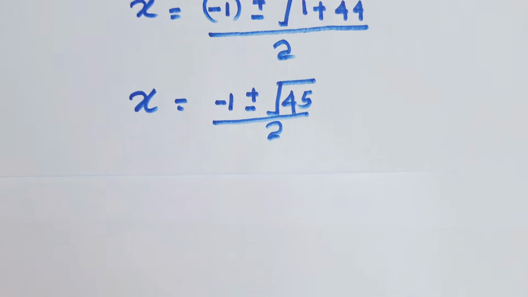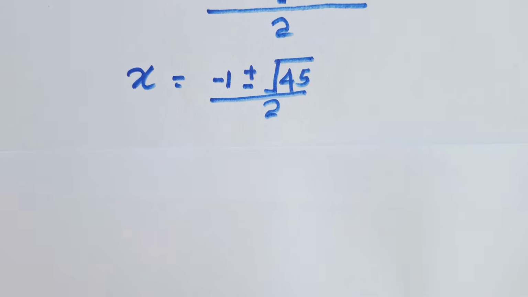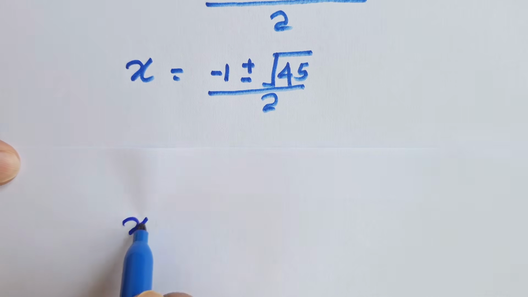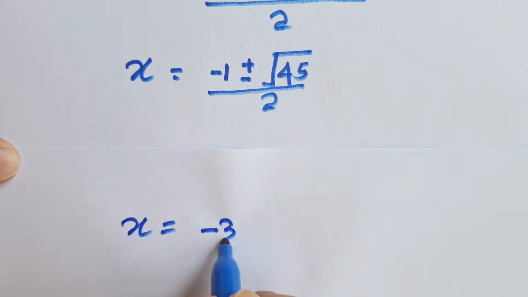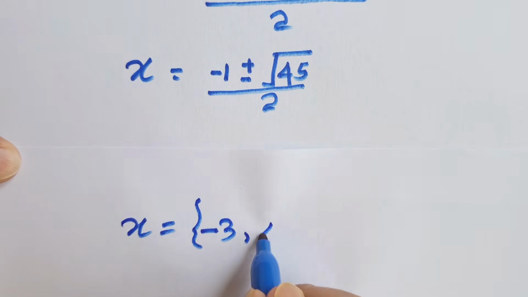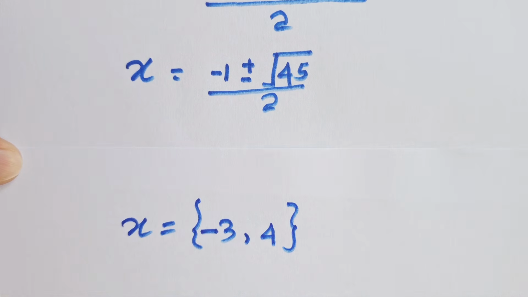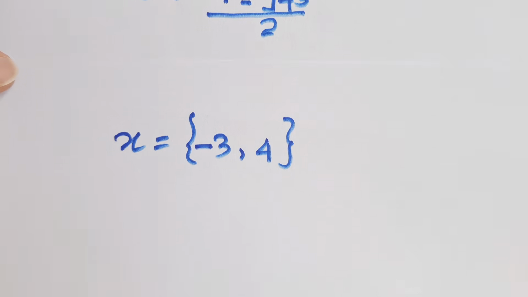So in case 1 we got two solutions for x, which are x equal minus 3 and 4, but we have to check these answers with the question because we have used a square function at some point. So I'm going to check the values with the question now.